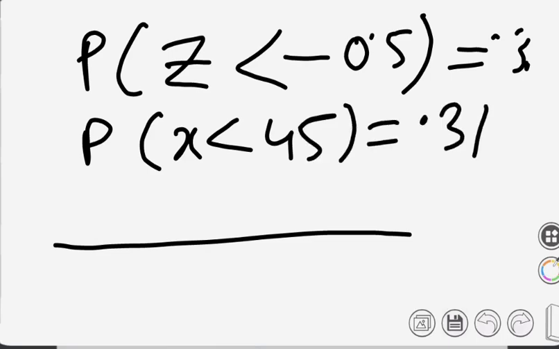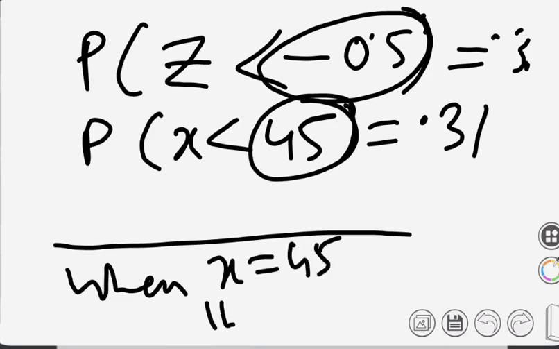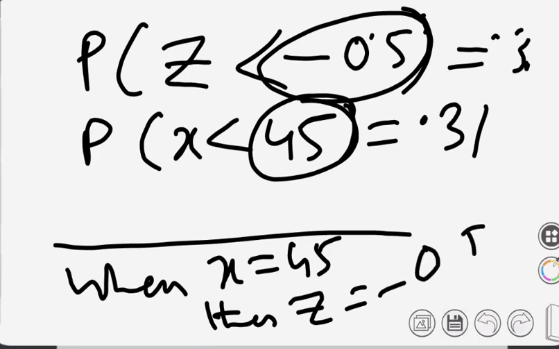Mean by that z equals to minus 0.5 is same as x equals to 45. That's one condition. So when x equals to 45, then z equals to minus 0.5. So that is the conclusion.